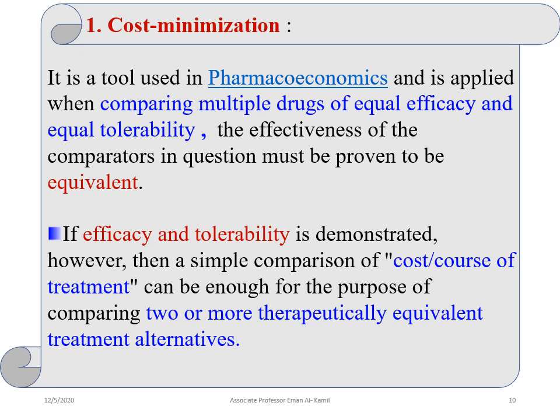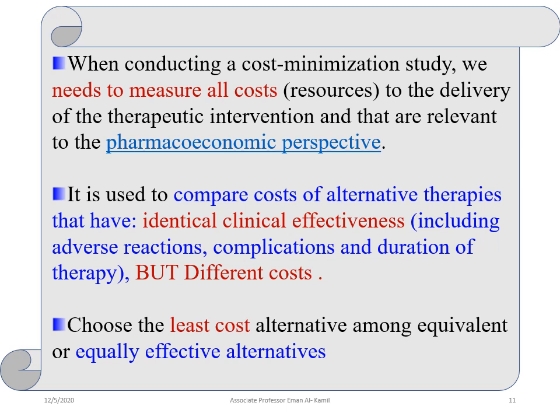So we are going to choose the drug which has minimum cost. If they have the same efficacy, why choose the expensive drug when we have limited resources? So in this case we are going to choose the drug which has less cost but the same efficacy and tolerability.